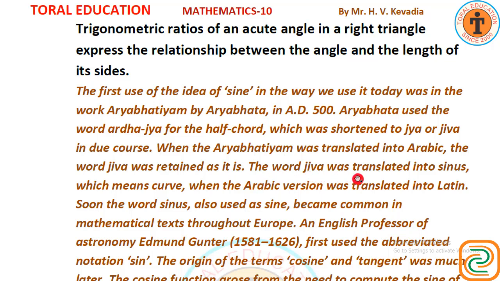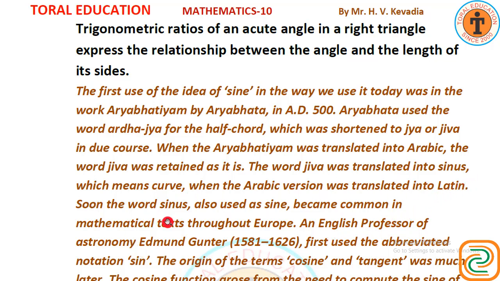The word Jiva was then translated into sinus, which means cow. So when the Arabic version was translated into Latin, the word Jiva became sinus.